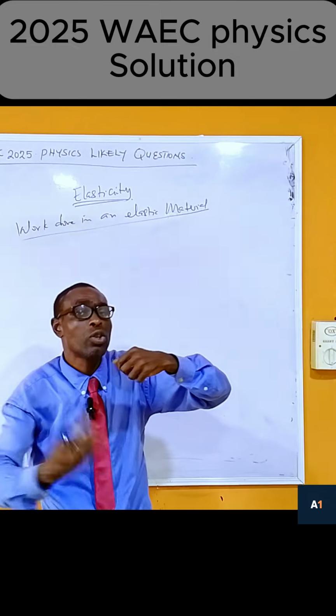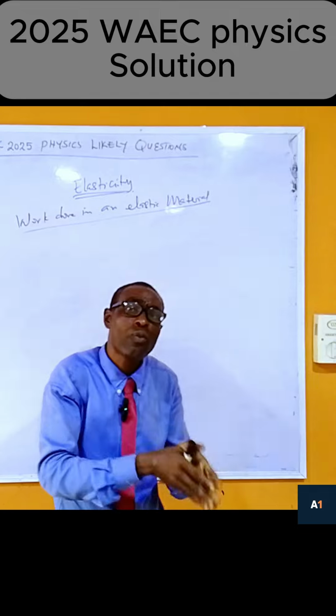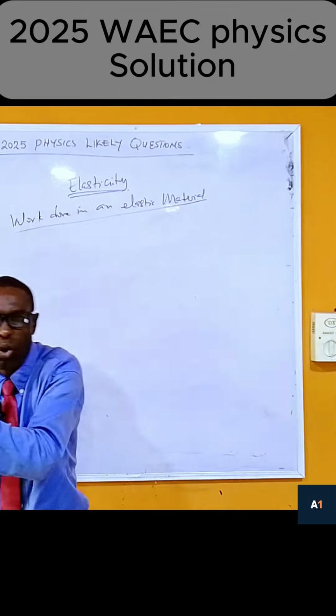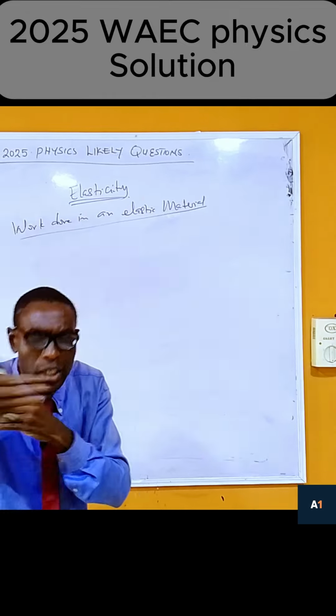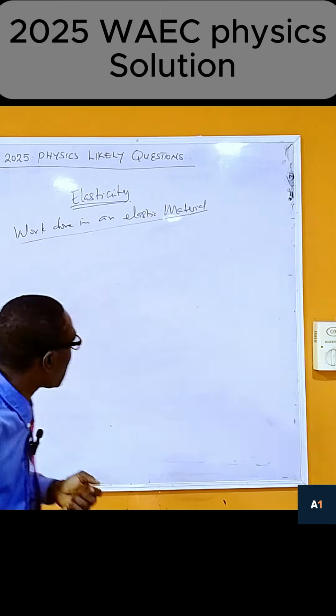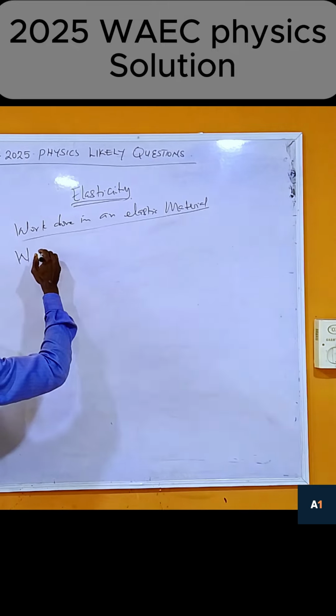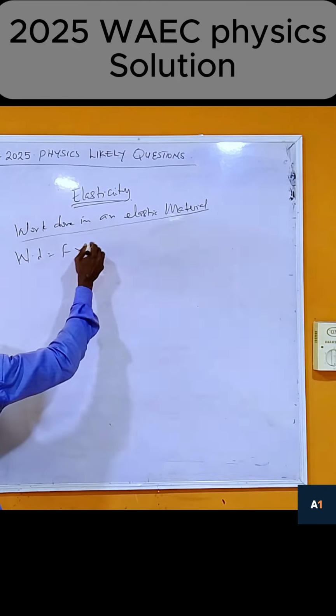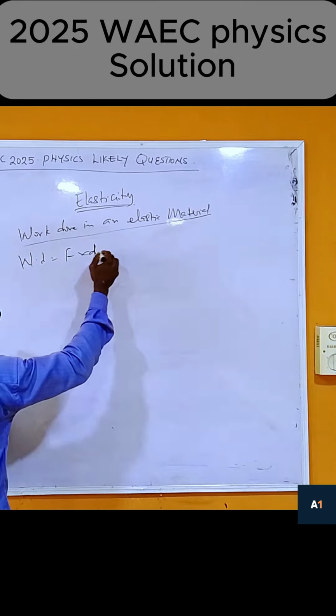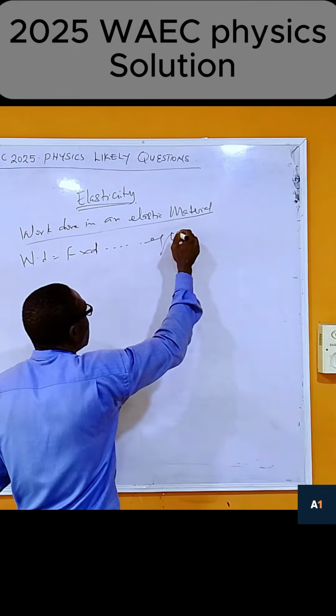So definitely anything that force results in, extension or movement, means work has to be done. Meaning that in this case, from mechanics, we say work done is equal to force times distance.